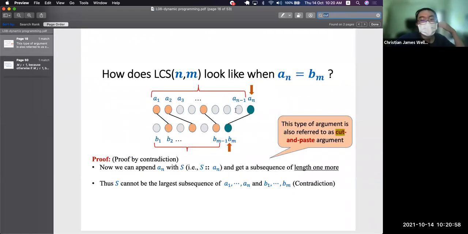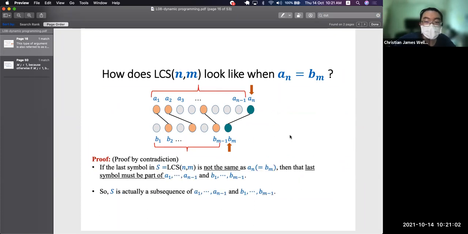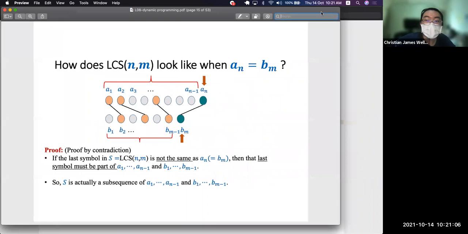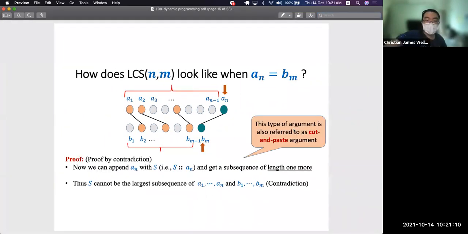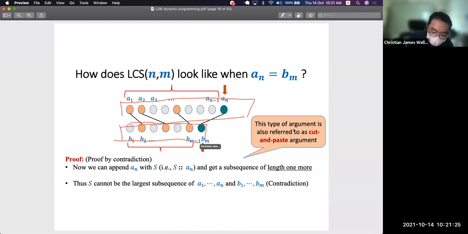Okay, maybe I'll just give an overview of this, like in the case of LCS. The cut and paste argument is that, let's remember, LCS is to find the length of the longest common subsequence. You have two sequences, and you want to find the longest common one.